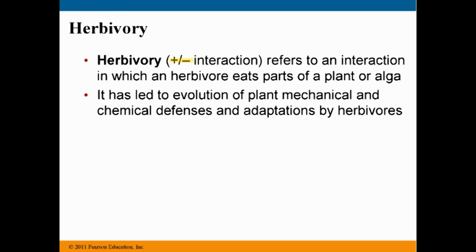We don't have a nice listing of these, so let me go through some of these. The plant mechanical and chemical defenses. Some plant mechanical defenses would be things such as spines, nettles that are harmful to the animal. Chemical defenses would be chemicals that taste bad. For example, here in Southern California, we have the sage plant.